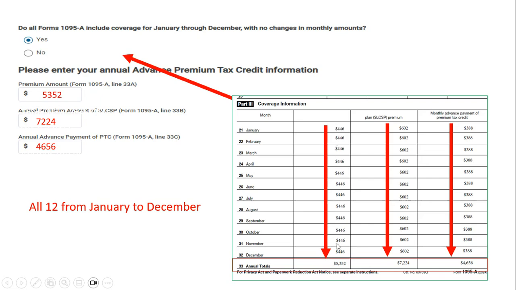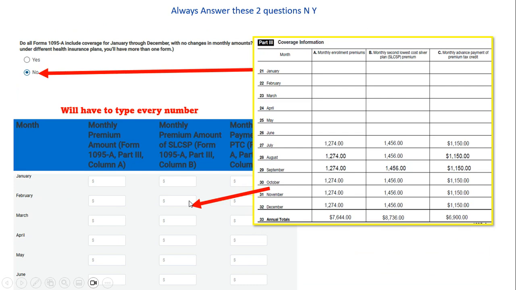So every single one of these is the same. And then you look at B, is every single one of these the same? And then you look at C, if every single one of these is the same, then we can say yes. And what's wonderful about that is then we can enter just these annual totals at the bottom here. But if one box is different or one row is blank, you have to say no. And then you have to manually type in all the numbers.